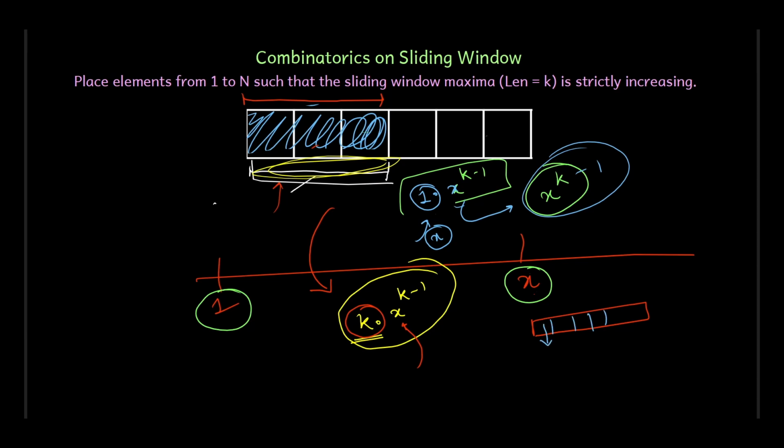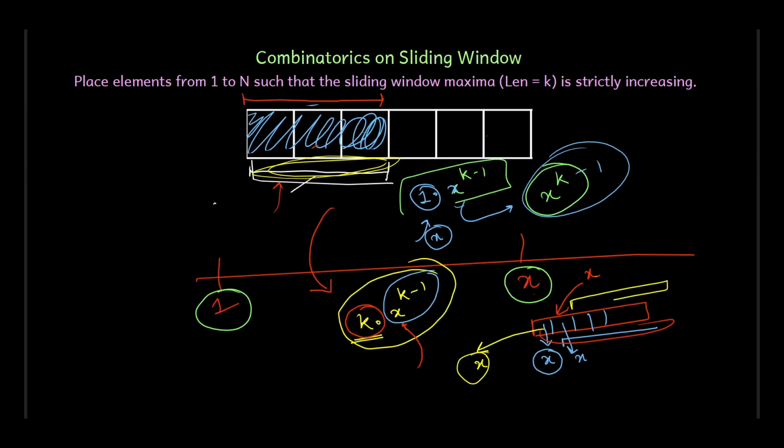But notice that if you fix maxima as x over here, and then you allow every element to vary freely, that is why you added x to the power k minus 1, then there will be a case where this becomes x. But then in the other iteration, when you fix this element as x and you allow all the other elements to vary freely, there will be a case where this element becomes x, and then you see that these two elements become equal, and there will indeed be a configuration where this section is the same for both of them. So you ended up overcounting.